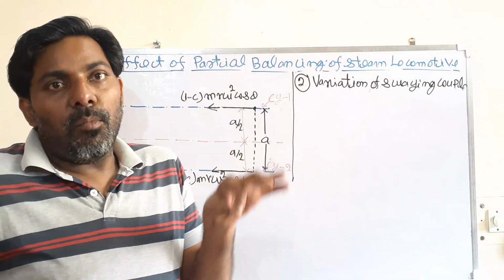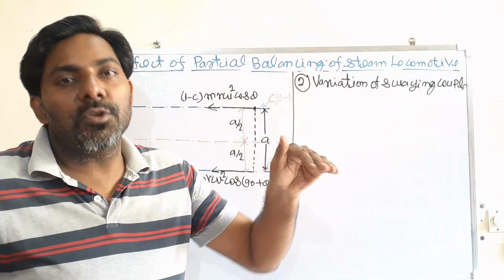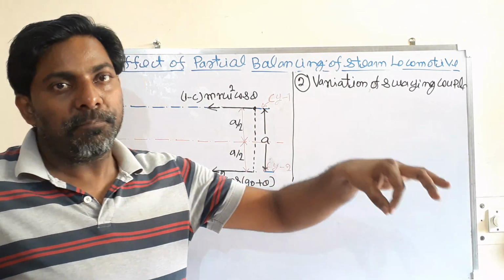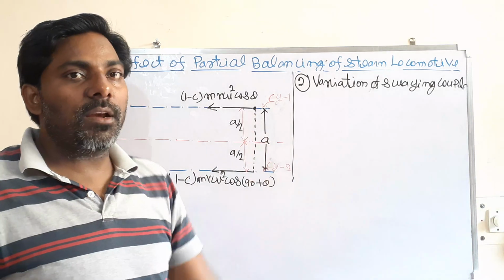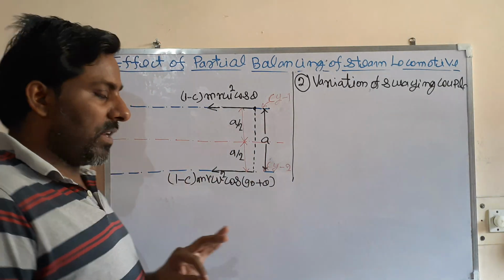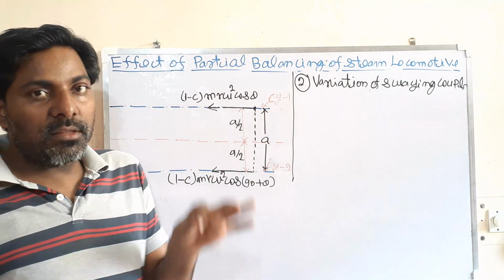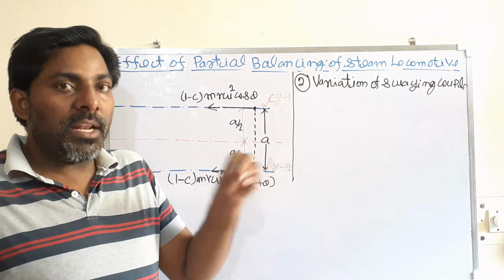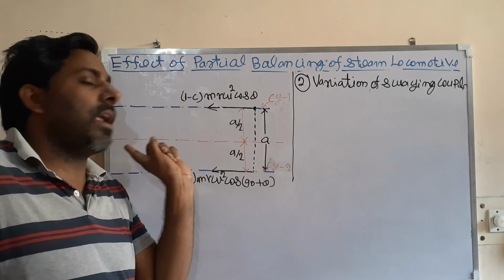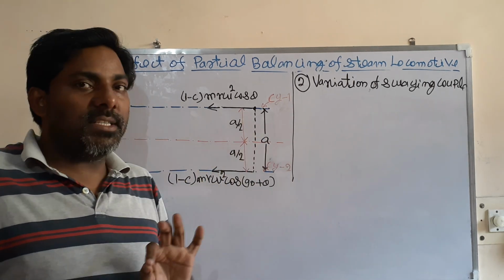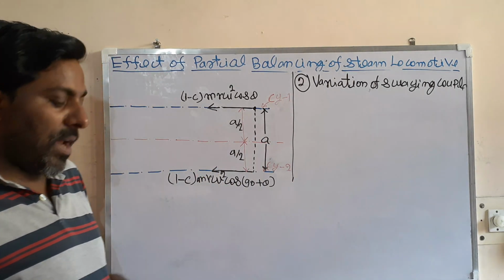The net moment of the primary unbalanced force along the line of stroke about the mid center line is known as the swaying couple. Again, listen: it is the net moment of the primary unbalanced force along the line of stroke about the mid center line.